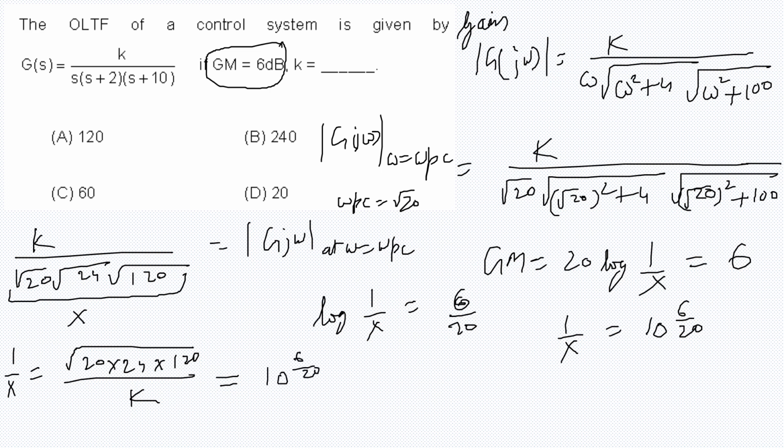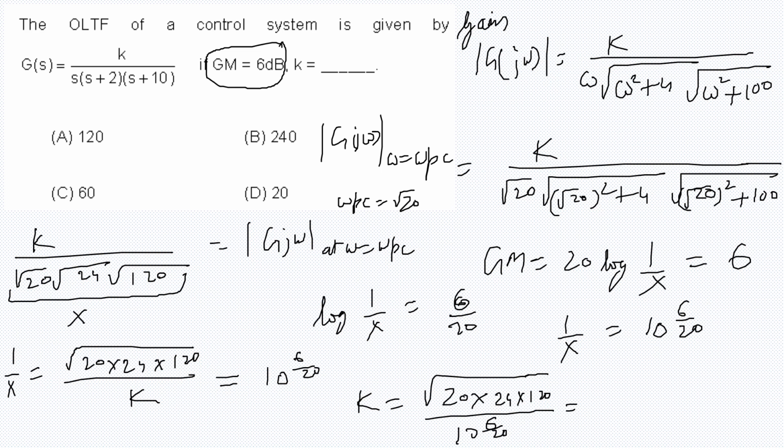So from here your k is root of 20 into 24 into 120 divided by 10 power 6 by 20. This is the value of k.